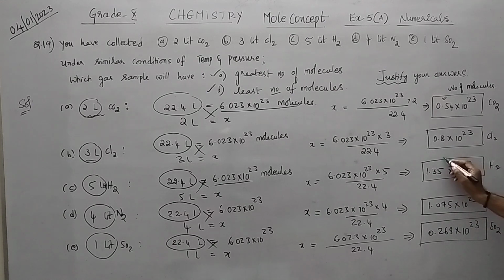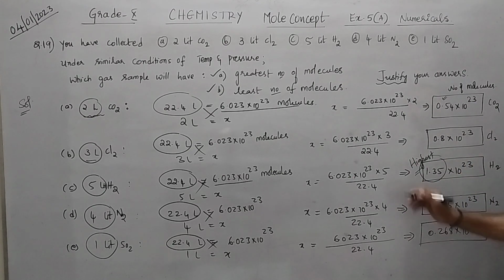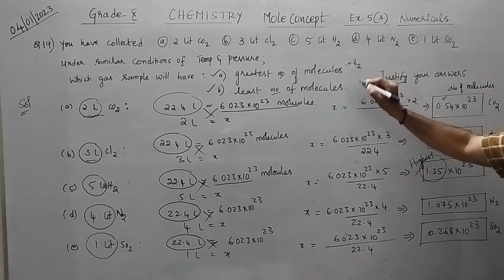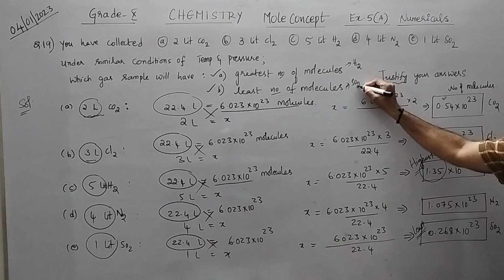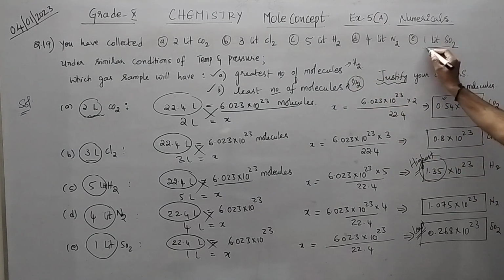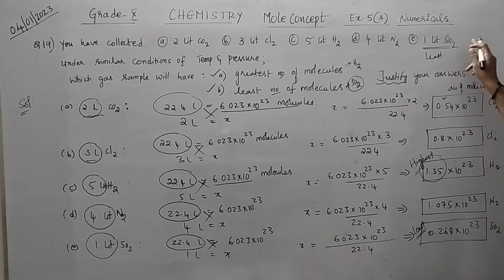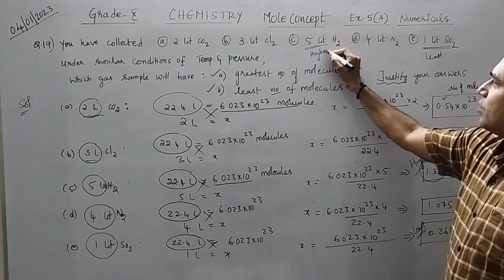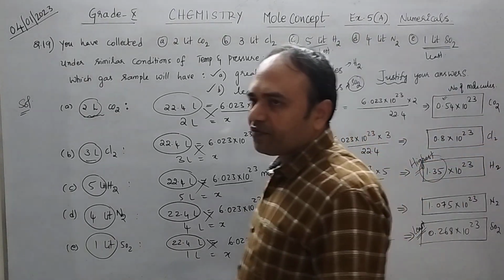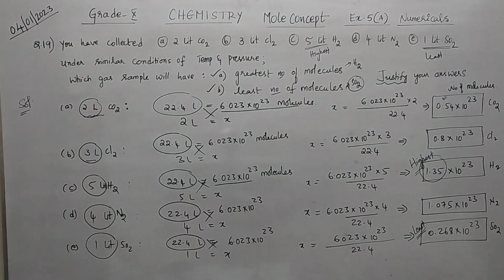If you compare, 1.35 into 10 power 23 is the highest value, which is by hydrogen, 5 liters of hydrogen. The least one is 0.268, which has the least number of molecules, sulfur dioxide. So 1 liter SO2 will have the least number of molecules and 5 liters of H2 has the highest number of molecules. I'll keep the video on for 2 minutes so that you can copy the answer.